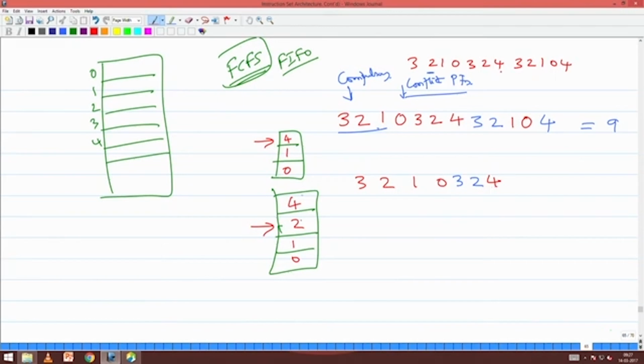The next was 3, so 3 will get loaded here. The next was 2, the next was 1, the next was 0, the next was 4.